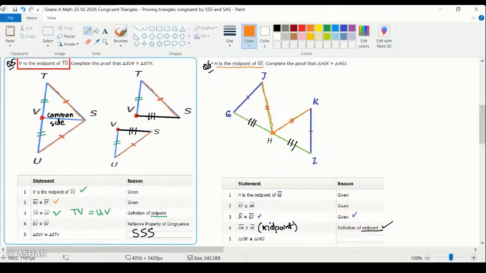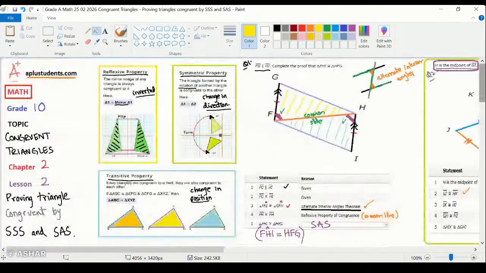So can we say that if we put a mirror in the middle, and this point was H, can we say this triangle is a mirror image of this triangle? And which property was that? That was the reflexive property, right?